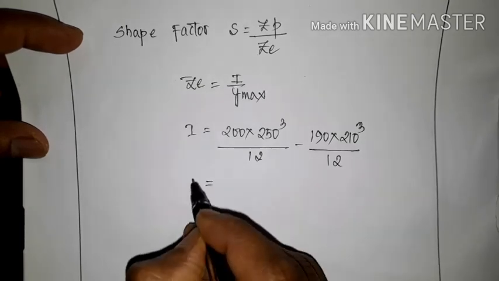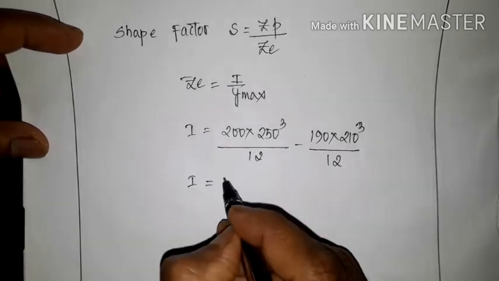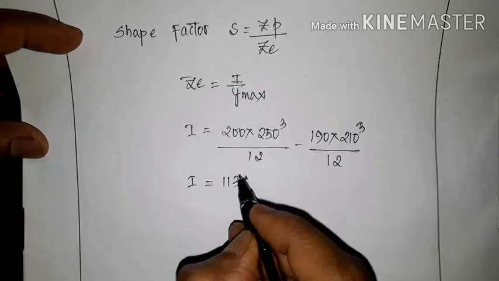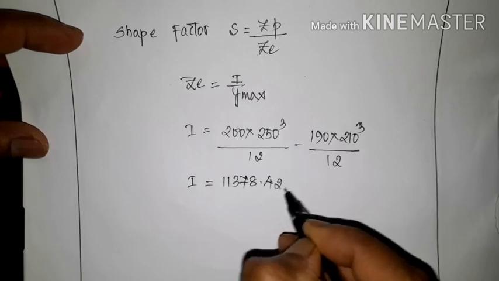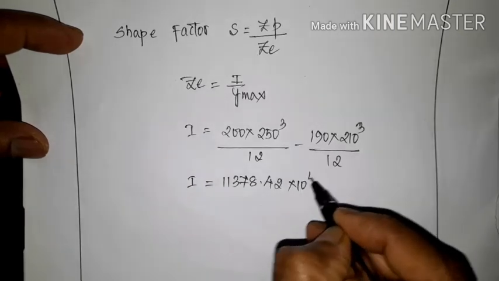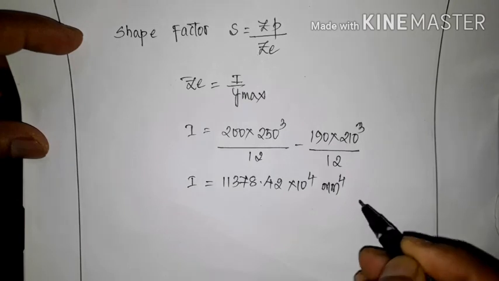So we'll get the value of I as 11378.42 into 10 raised to 4 mm raised to 4.